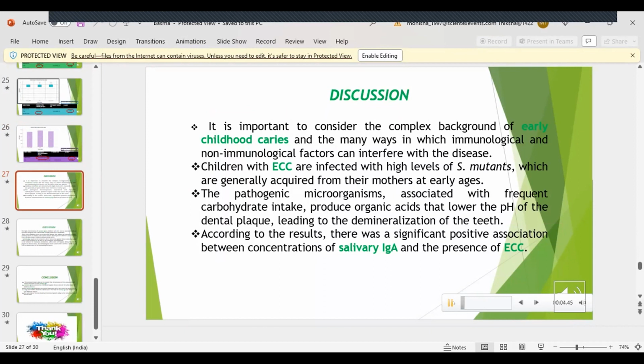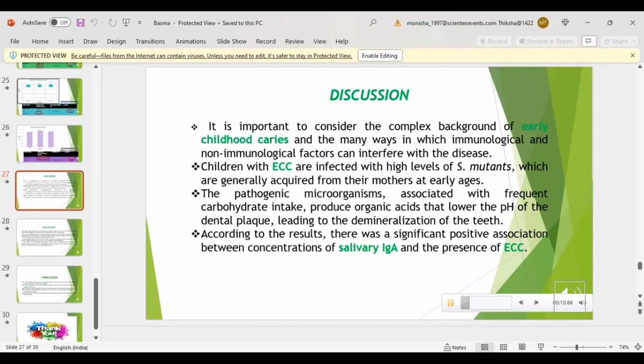So here we come to our conclusion and discussion regarding this matter. It's important to consider the complex background of early childhood caries and the many ways in which immunologic and non-immunologic factors can interfere with the disease.